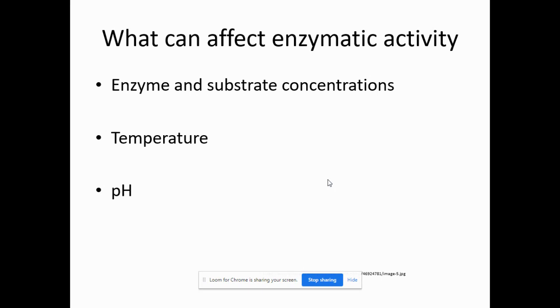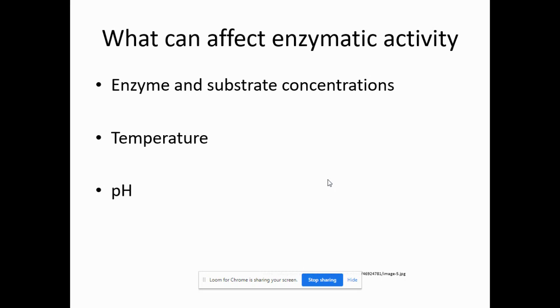Okay. Temperature can affect enzymatic activity. Increasing the temperature will increase the enzymatic activity. All right, because when you increase temperature, the molecules move around more quickly, and that's going to increase the instance of the enzymes and the substrates coming into contact with one another.